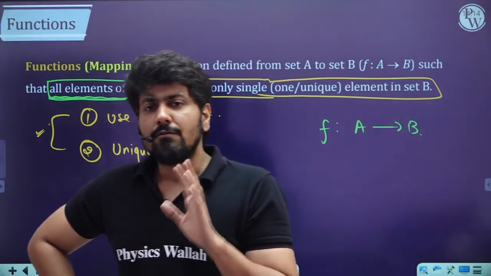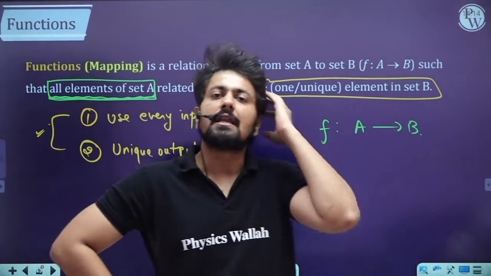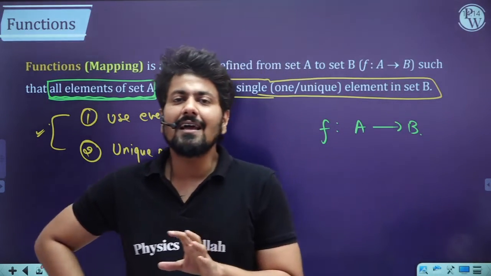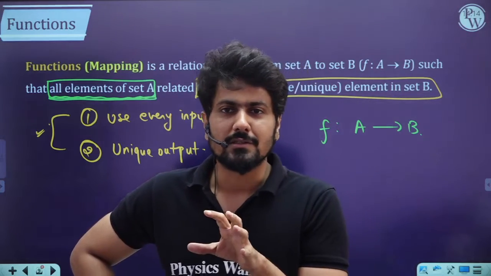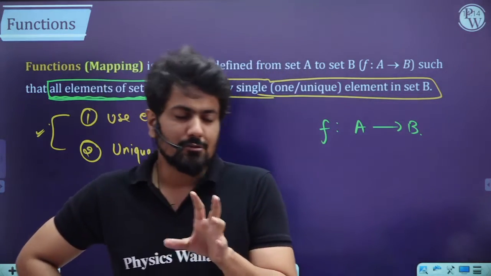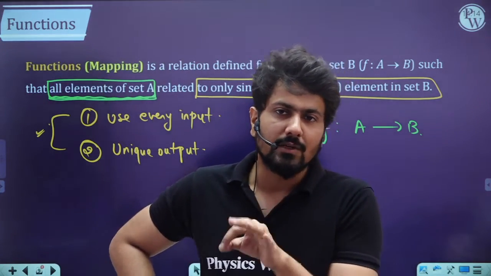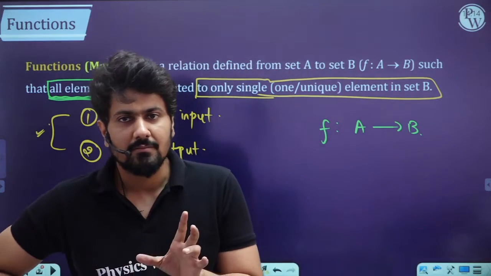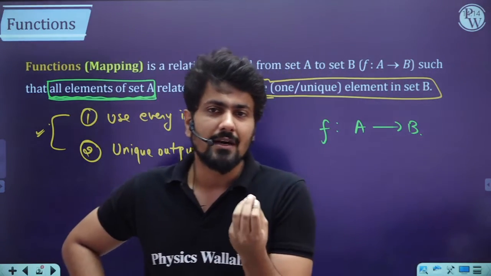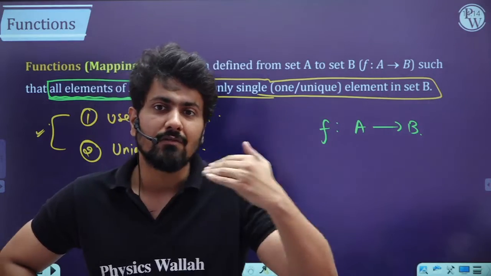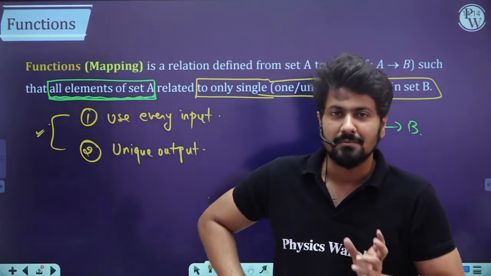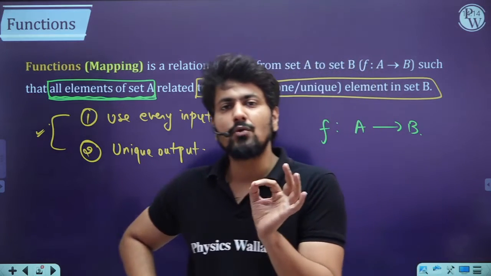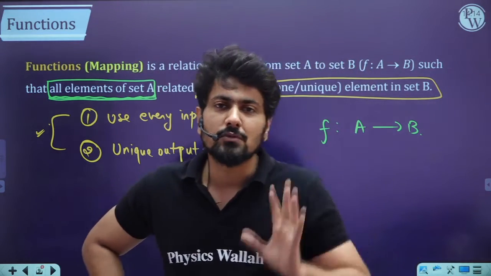See, very easily you can understand functions like this. A function is like a calculator. Suppose you put some input in the calculator, like what is 2 plus 3? It is going to give you a unique answer, right? It is not going to give you more than one answer. Unique answer means that you are getting only one particular answer for this question.